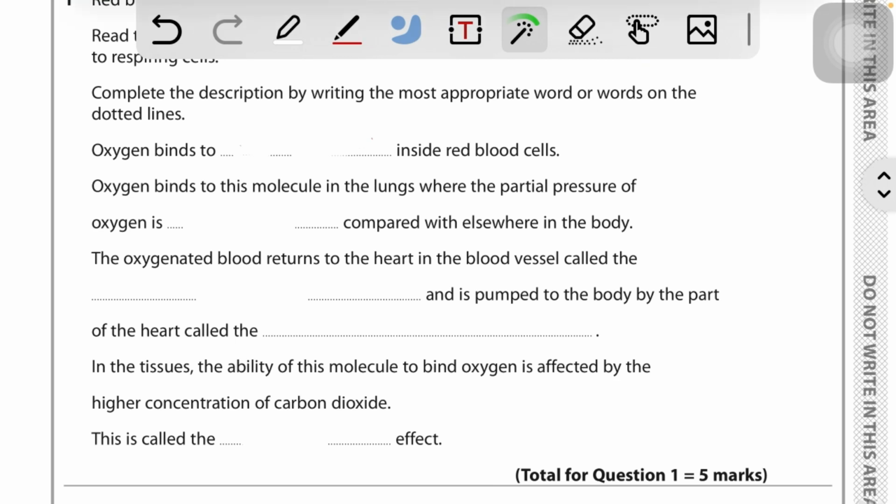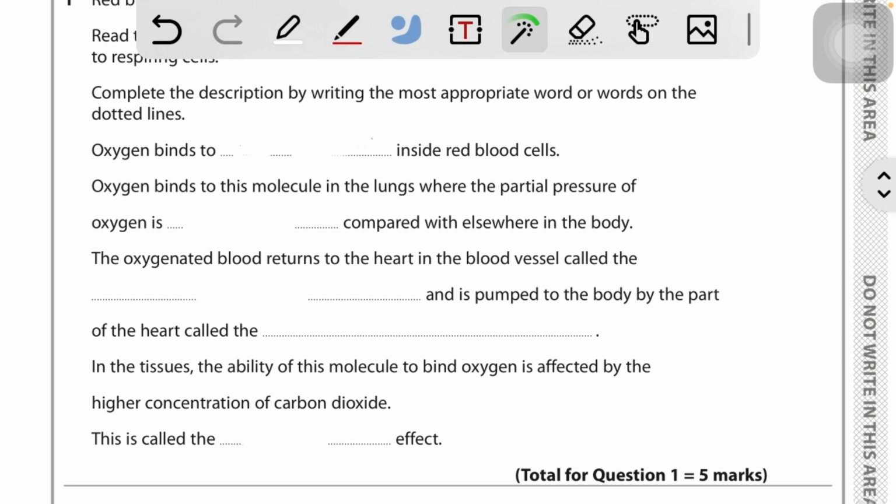Oxygen binds to dash inside red blood cells. So oxygen binds to what? It's really easy. It binds to the dash inside the red blood cell. The oxygen molecule binds to the hemoglobin. We can say hemoglobin, or we can also even write the iron.